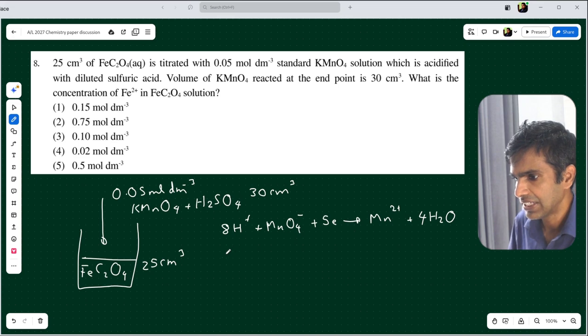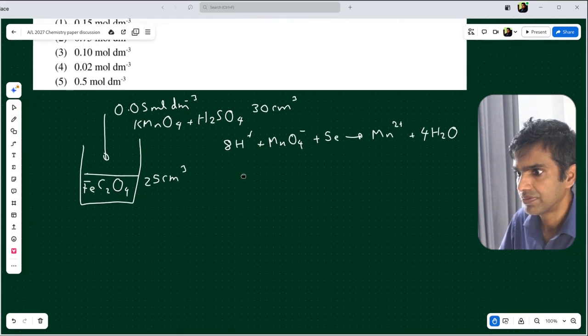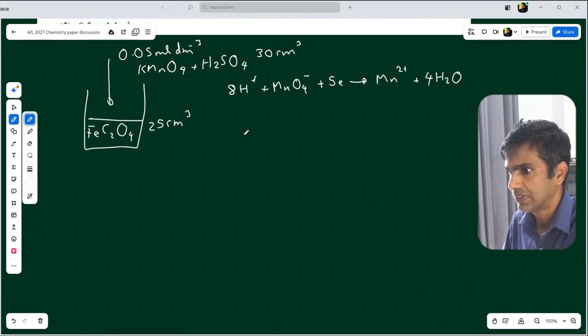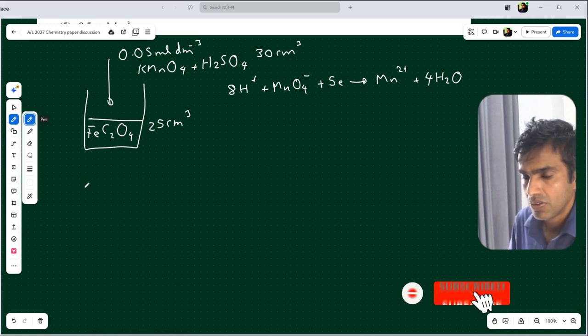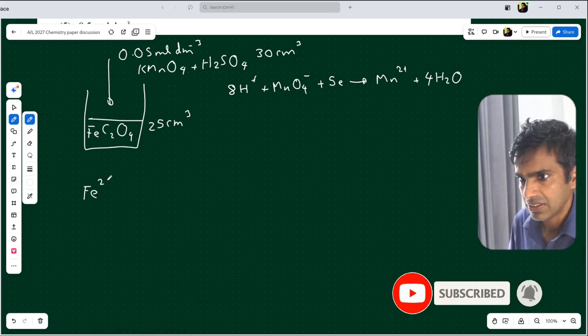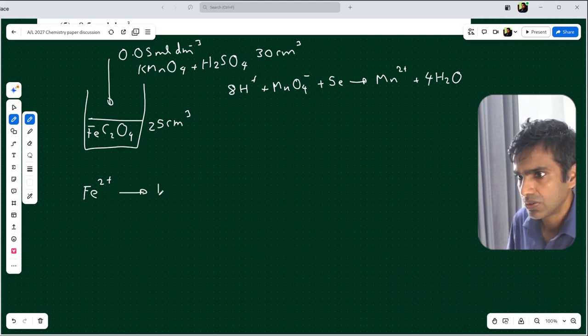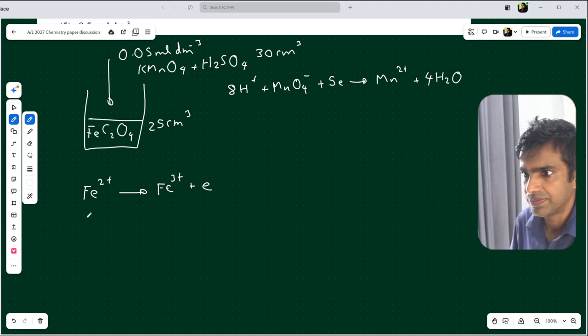Ferrous oxalate contains ferrous ions. Ferrous ions oxidize to ferric ions by permanganate ion, because permanganate is an oxidizing agent.